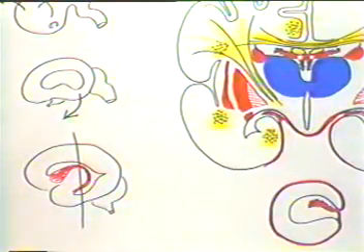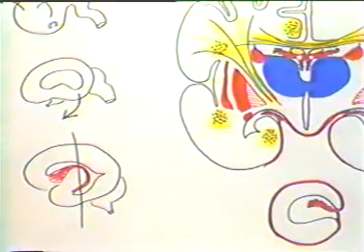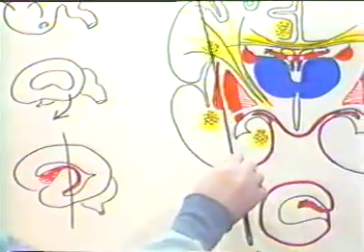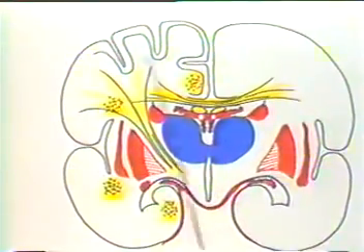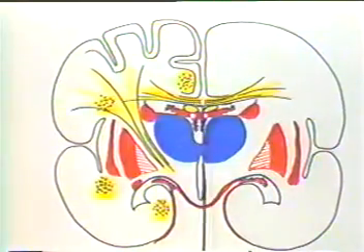In our dissection of the ventricle system, we will now start to cut horizontal sections down like this until we reach the dorsal surface of the corpus callosum.